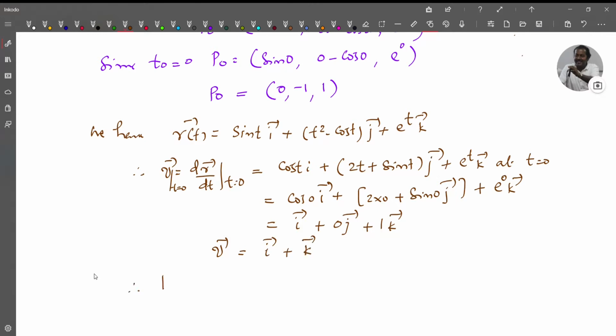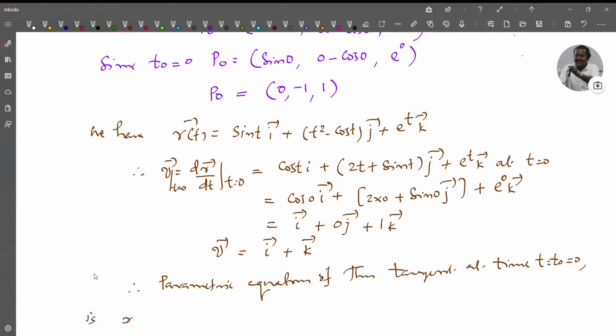The parametric equation of the tangent at time t equal to t naught, that is equal to 0 here, is x of t equal to x naught plus v1 t. Here x naught is 0. From this you will get v1 equal to 1, v2 equal to 0, v3 equal to 1.